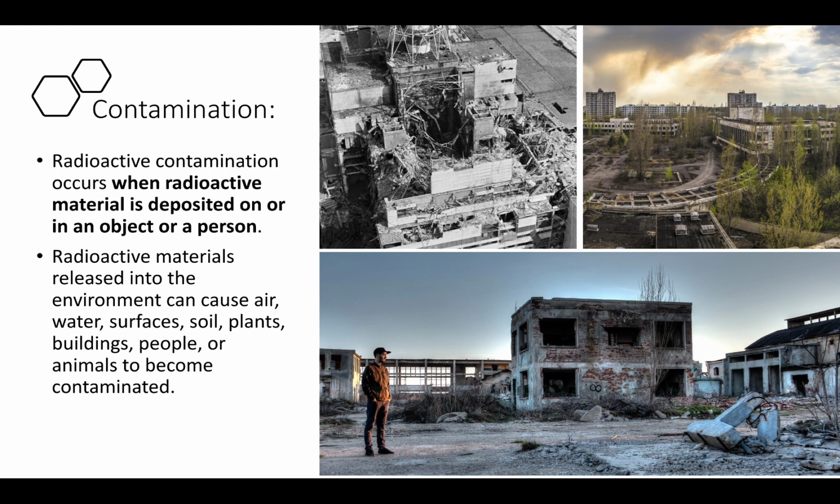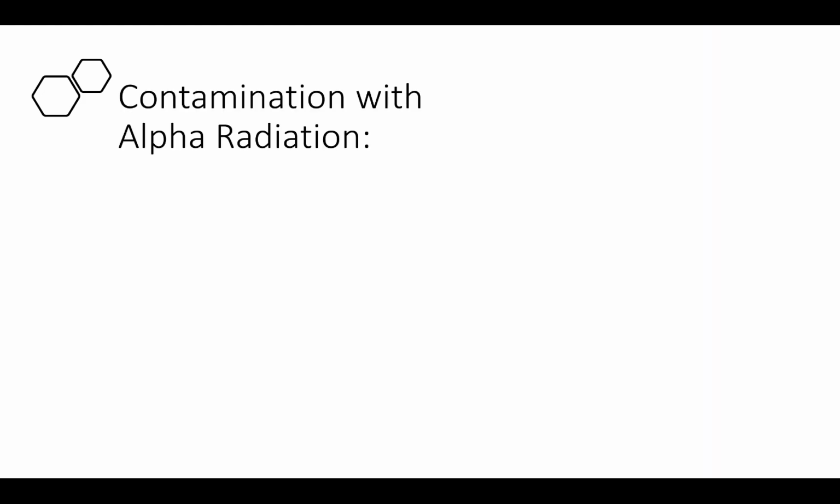I'm going to give you an example story from 2006 that involves a particularly dangerous, nefarious, and in the end lethal contamination. So that's contamination with alpha radiation, a source of a radioactive nuclide that gives off alpha radiation.